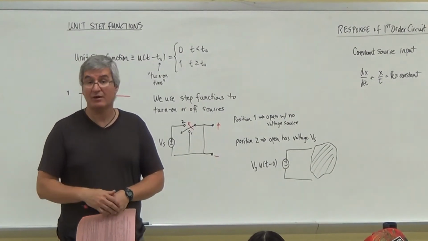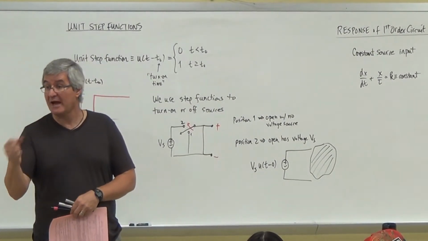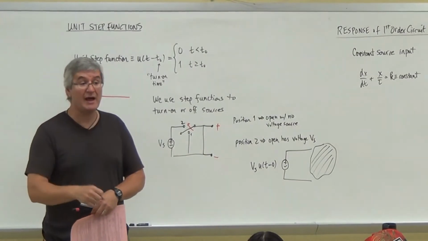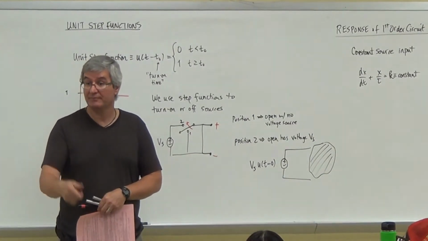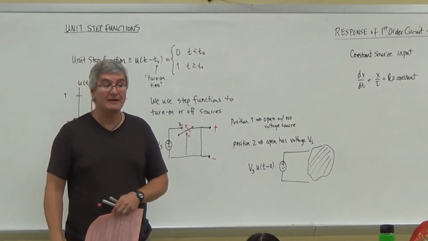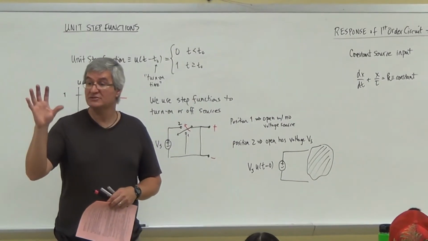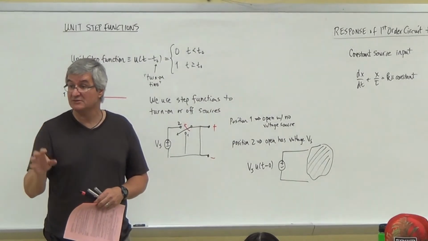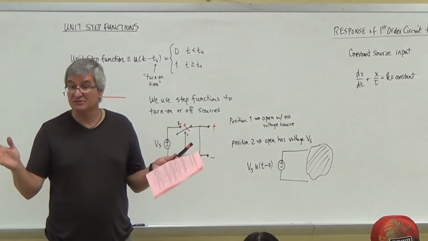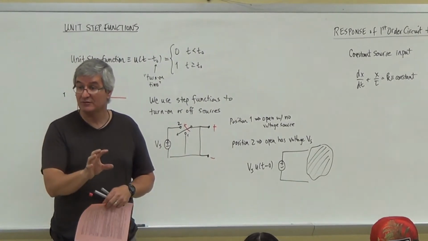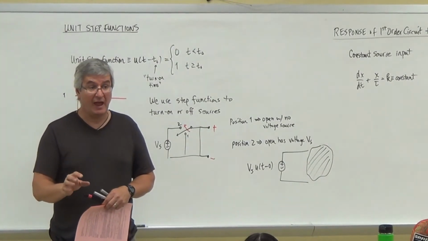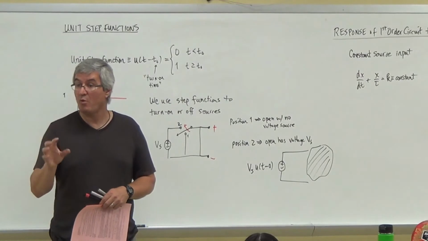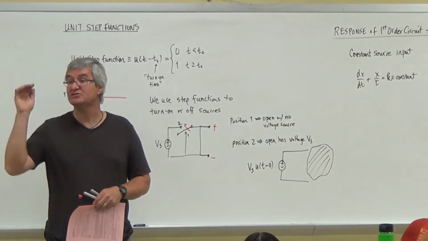But it turns out that it becomes more time efficient to derive the first order equation constantly. And the reason why is that one of the solutions, the forced response of the circuit, changes. The natural response of the circuit doesn't change, but the forced response changes. And it's typically more time efficient to just start doing this.